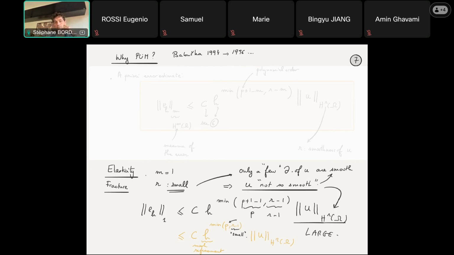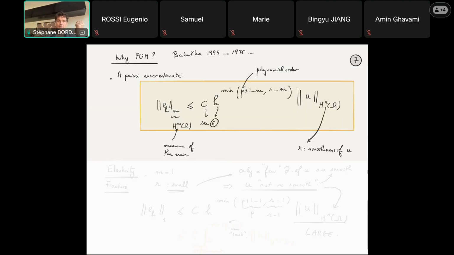And then you will compare what you compute, which is a posteriori, to what you know from theory, which is a priori. So the a priori estimate gives you the slope that you expect on that convergence curve. The convergence curve will have in the y-axis the error level.